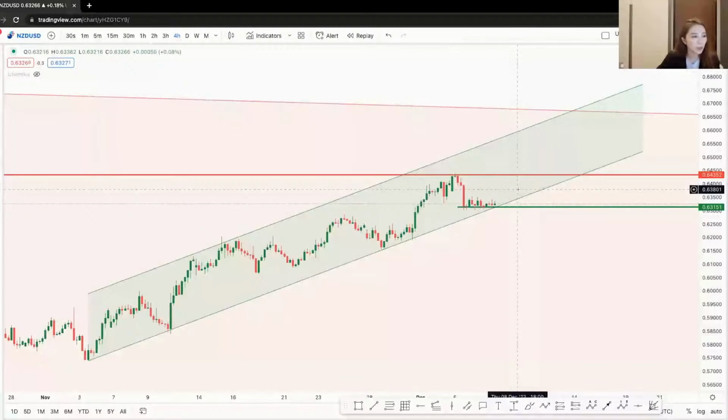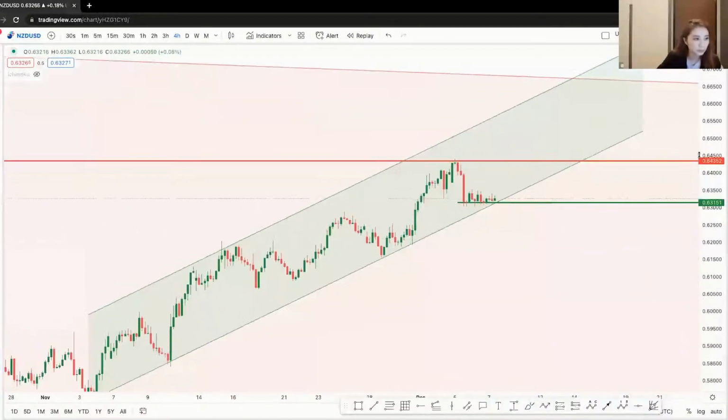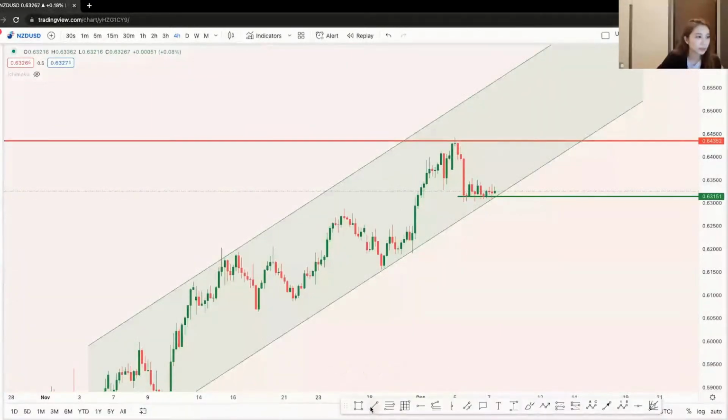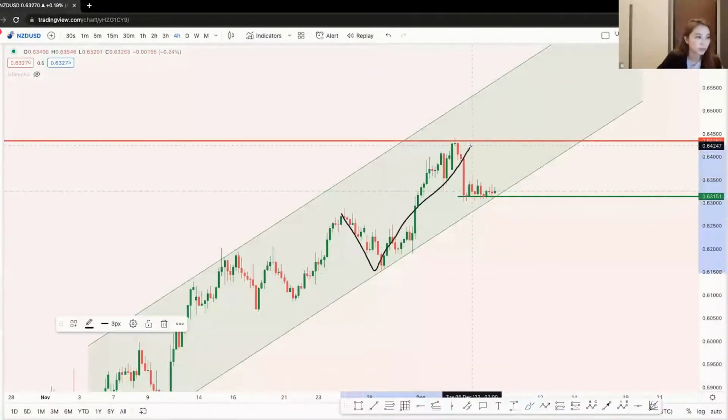However, on the smaller time frame, we are looking at a short-term upward movement. There is a chance that this is a knee-jerk reaction in terms of what we are seeing. So let's take a look.